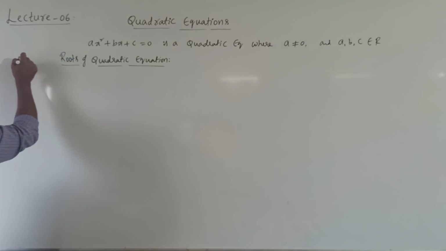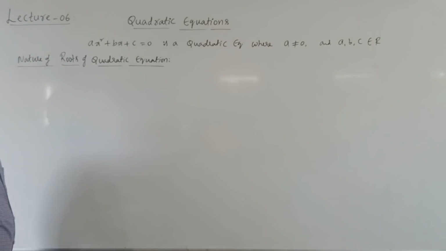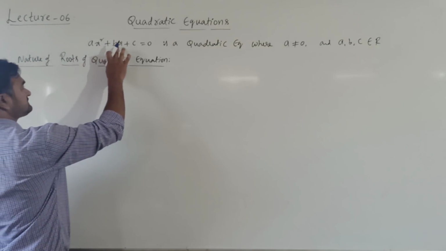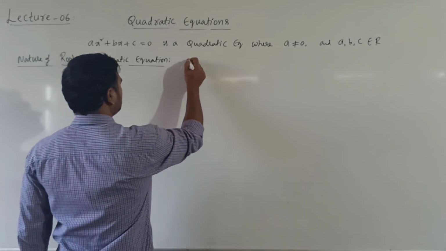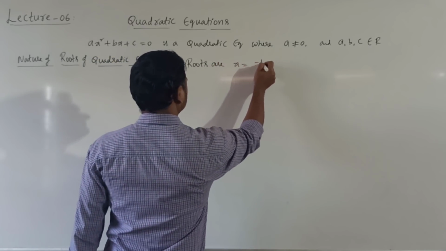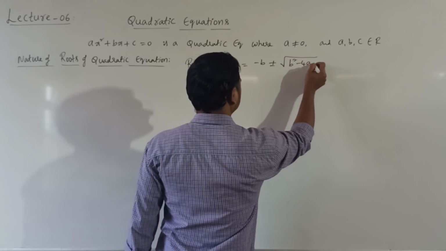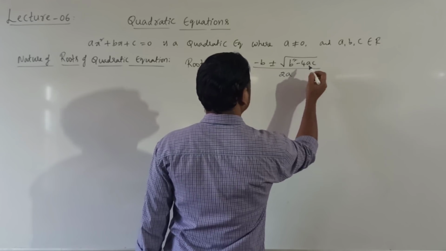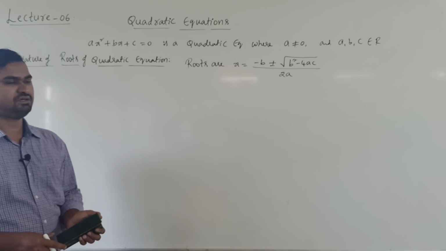For the quadratic equation ax² + bx + c = 0, what are the roots we are writing? The roots are x = (−b plus or minus root of b² − 4ac) divided by 2a.